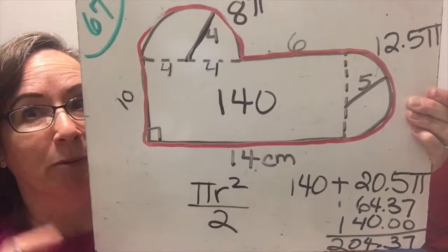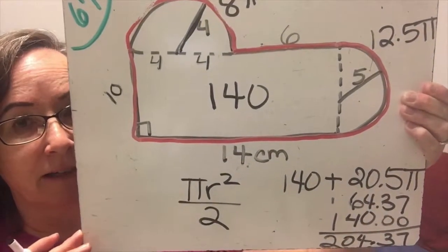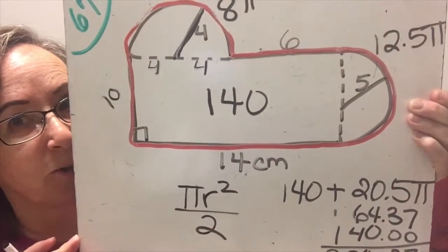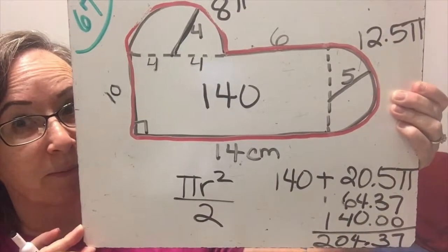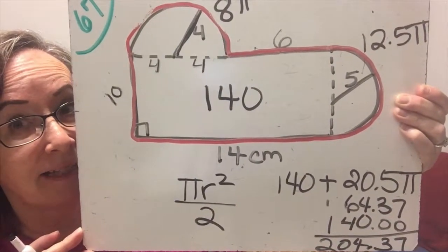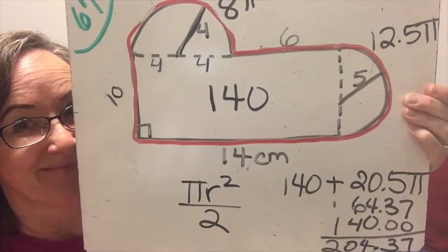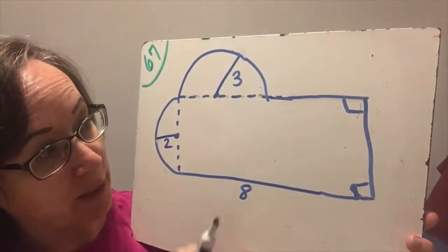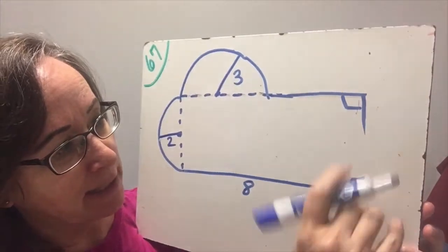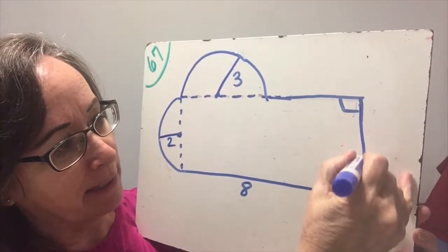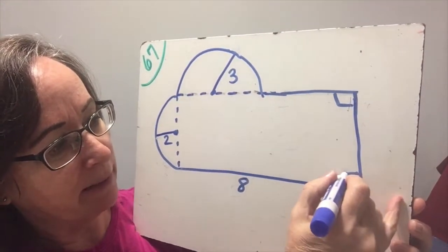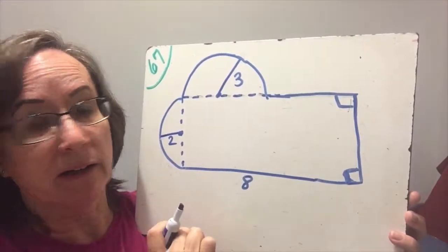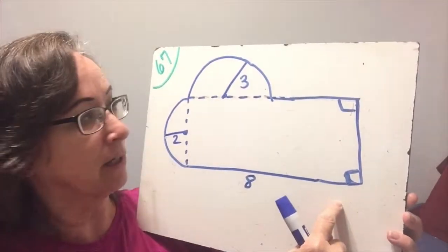So we've done the perimeter and the area of this funny looking figure, which I hope you took good notes because your practice problem looks very, very similar. Here is your practice problem, and I want you to try to do it yourself. Now this doesn't look very straight, does it? But this is a straight line coming down, and there's a right angle here and a right angle there, and then we have 8 coming across.